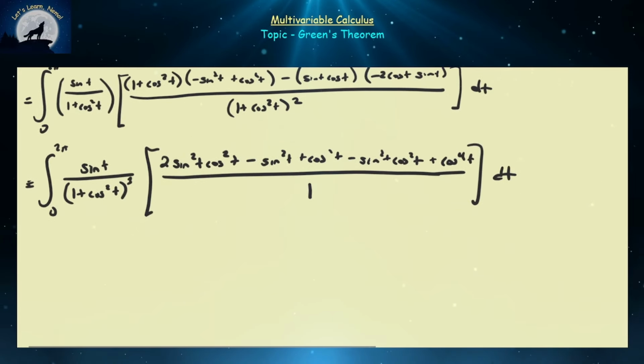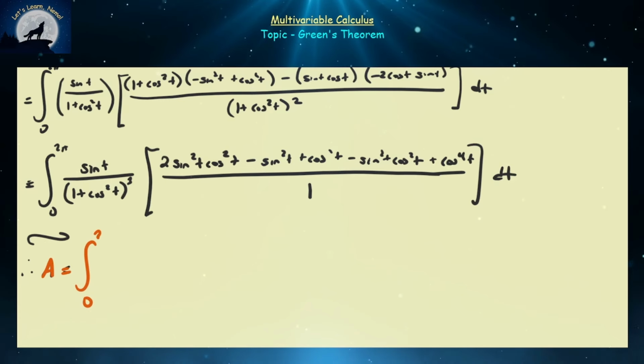So A is equal to the integral from 0 to 2 pi of sine of t all over 1 plus cosine squared of t to the power of 3.